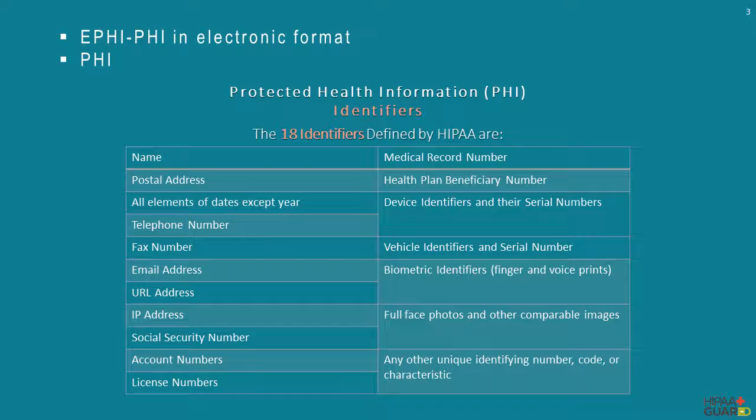Name, postal address, elements and dates, telephone numbers, fax numbers, email address, URL address, IP address, social security number, account numbers, license numbers, medical record number, health plan beneficiary number, device identifiers and their serial numbers, vehicle identifiers or serial numbers, biometric identifiers such as finger or voice prints, full face photos and other comparable images, any other unique identifier such as numbers, codes, or characteristics.